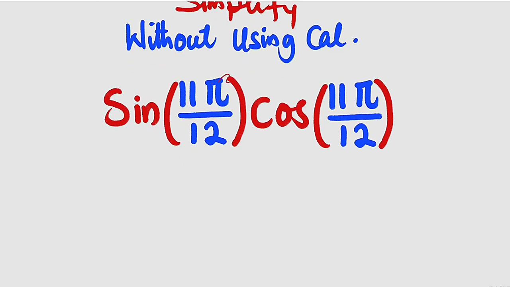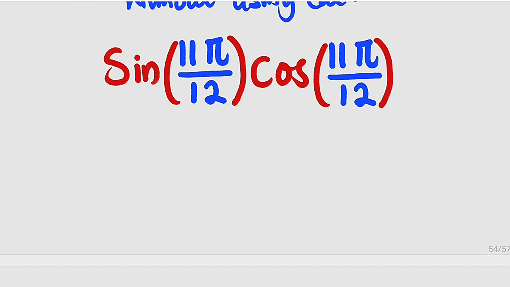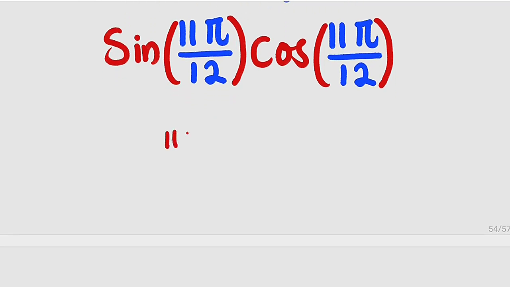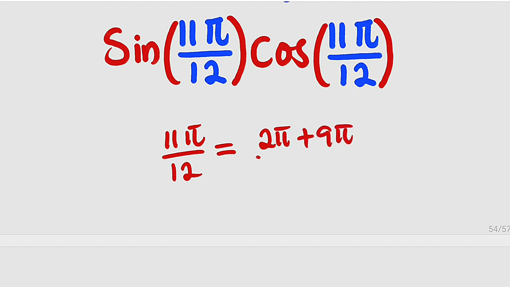First of all, you should know that 11 pi can be written as 2 pi plus 9 pi. So let me simplify this first before I substitute it back. So 11 pi divided by 12 is the same thing as 2 pi plus 9 pi divided by 12.